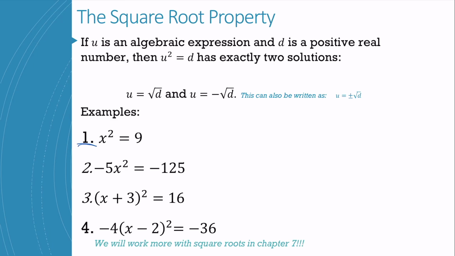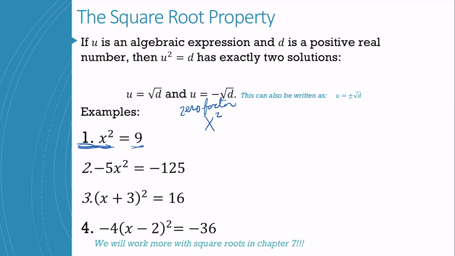This first one should seem the most straightforward. If I have x squared equals 9, what could I plug in for x in order to get a positive 9? Well, that could be 3 or negative 3. I could have solved this using the zero factor property if I wanted. You don't have to write this down.